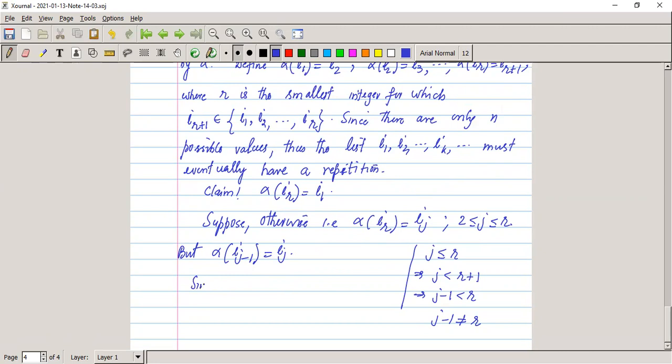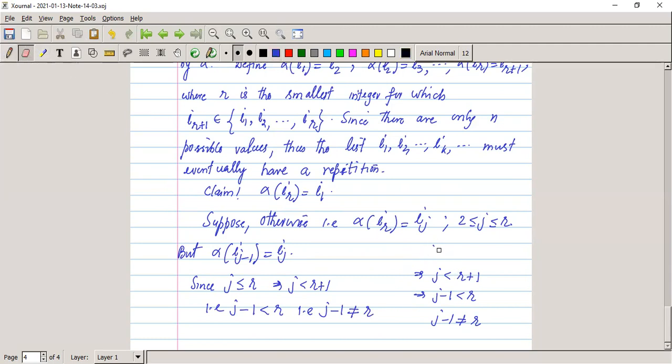Now, since j is less than or equal to r, this implies j is less than r plus 1, that is, j minus 1 is less than r, that is, j minus 1 is not equal to r.